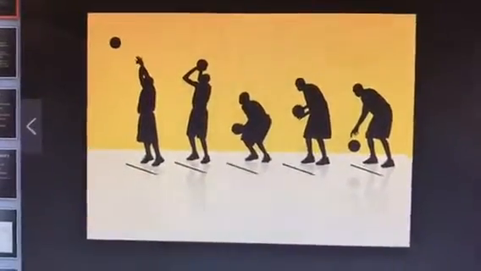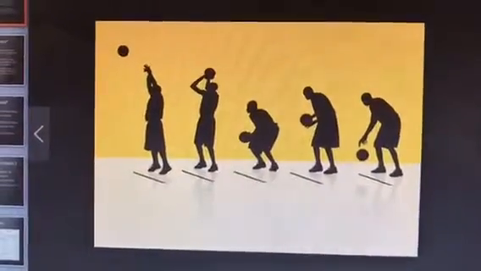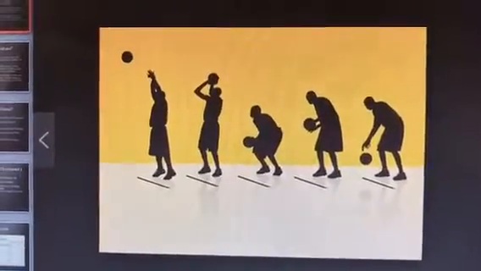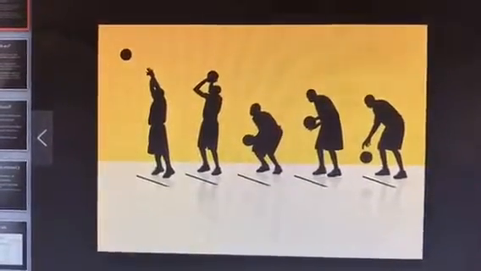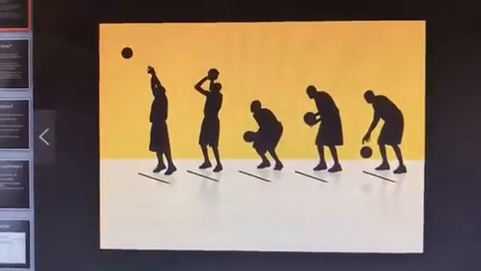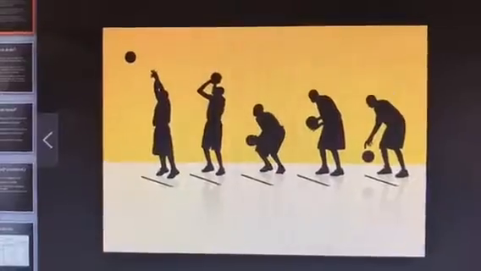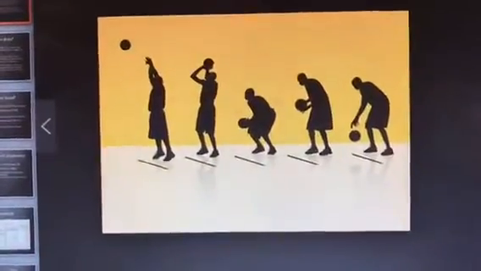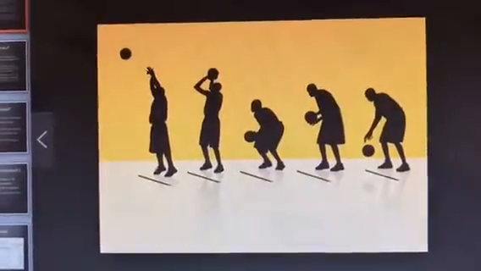Balance is for their feet, to make sure they stay balanced at the line. The elbow is at a 90-degree angle. Eyes are right on the front of the rim. And when shooting, following through, having your hand look like a gooseneck is the correct form.